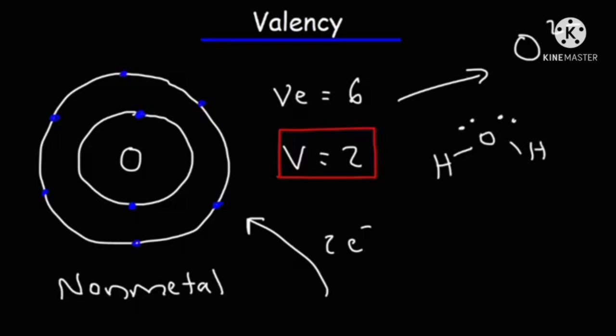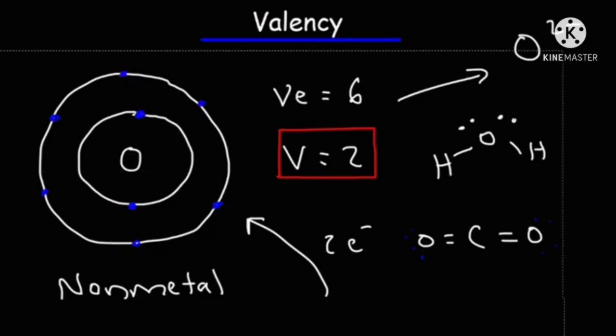So take the example of, in the initial example I told you H2O, oxygen is being combined with 2 hydrogens. Oxygen needs 2 electrons, so it combined with 2 hydrogen atoms. CO2: 2 oxygen atoms are combining with 1 carbon atom.